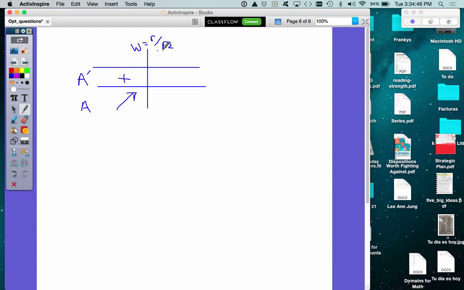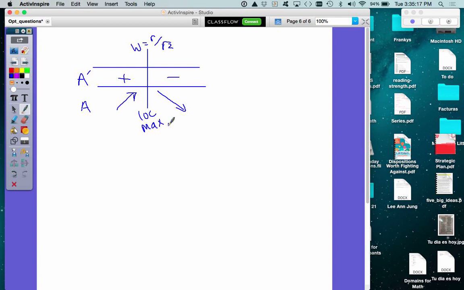Likewise, going to the other side, my width can go over as big as r. But if my width is r, then my height is 0, and that will also give me an area of 0. So I know that this area is decreasing going this way, so that must have been a minus. And so this must therefore be a local maximum. If you're uncomfortable with that, you can certainly plug values in and you'll determine the same thing. You'll find out that the positive and the negative is exactly as we expected.